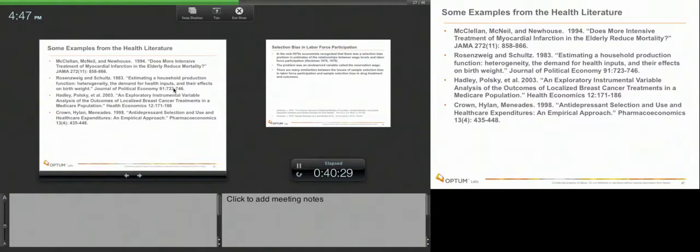So the idea was to try to control for that and tease it out so that you could measure whether going to a CABG facility, for example, actually resulted in better outcomes. So not surprisingly, distance is very often used as an instrument in outcomes research.